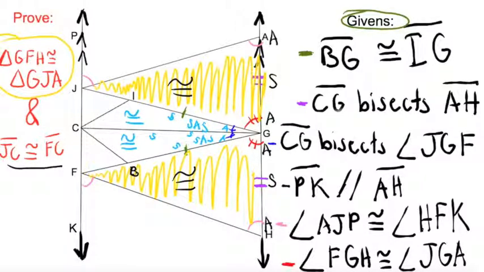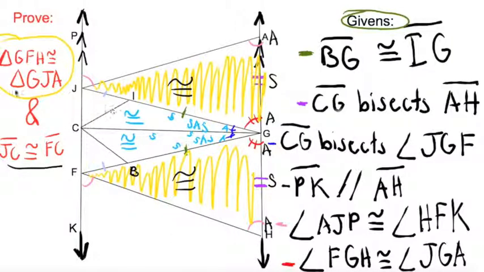And line FG and line JG should be congruent as well, since they are part of the bigger triangle. And by the additive property of length, line segments BG and IG should add up with line segment JI and FB to be the same, since FG and JG are congruent by CPCTC.